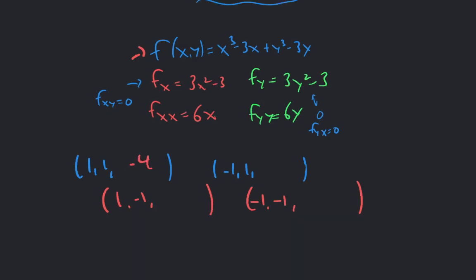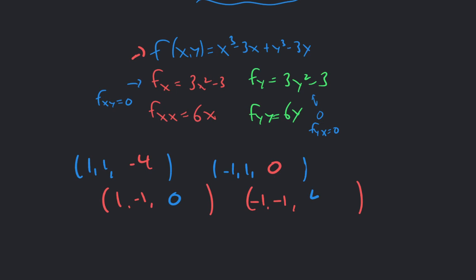If we do -1, 1, then these terms are just going to cancel. We're going to get 0. So when they're opposite, we get 0. And when we have them at the same, they're going to be kind of adding into each other. So f of -1, -1: -1 cubed minus 3 times -1, plus -1 cubed minus 3 times -1, is going to be the opposite of 1, 1.